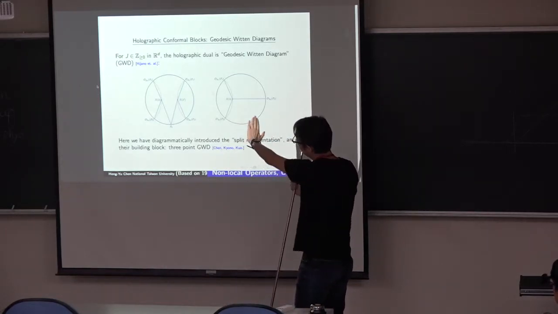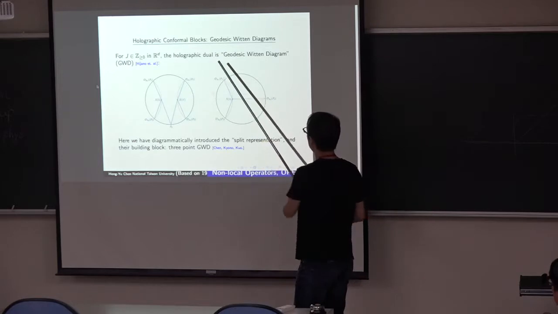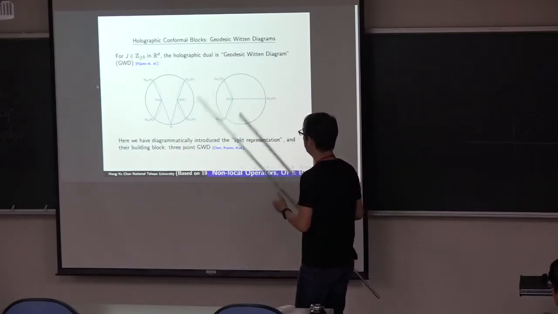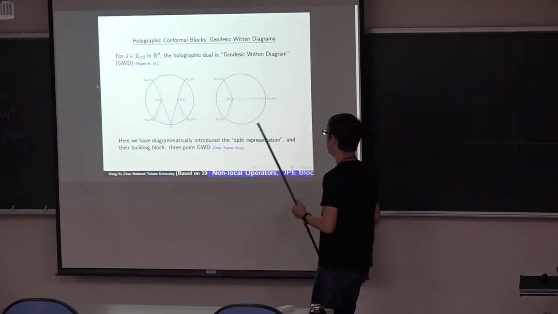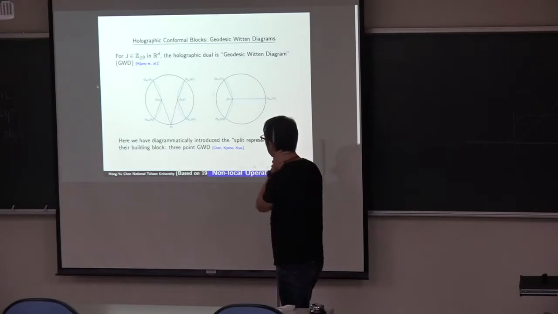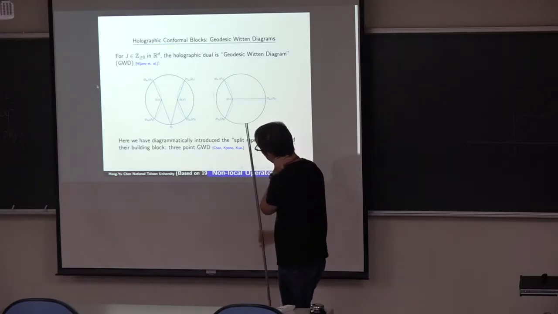For integer spin J, the holographic dual was known as a geodesic Witten diagram. Those are the two pictures here, and this was done by Hijano, Kraus, and others in the UCLA group. I just draw a cartoon here, and let me briefly explain that.